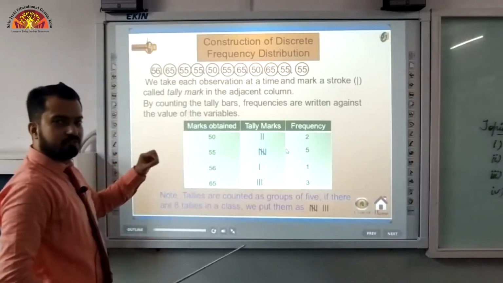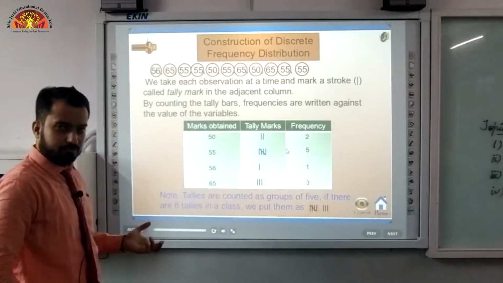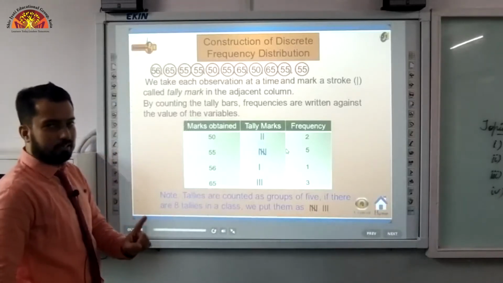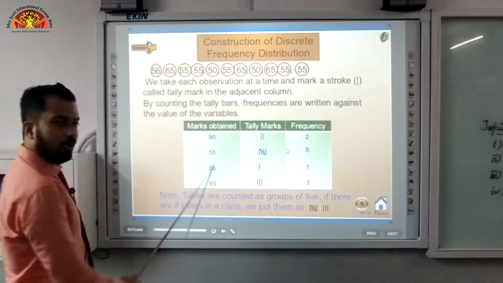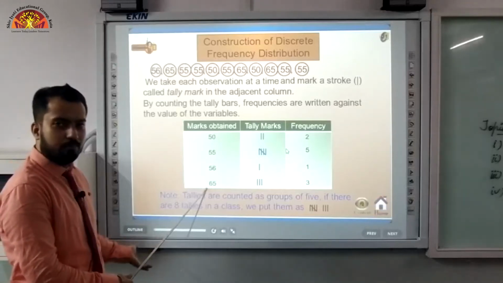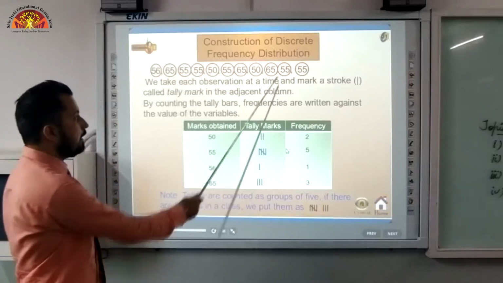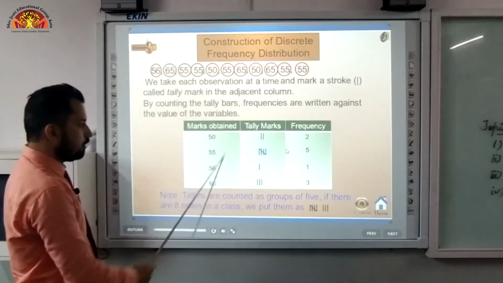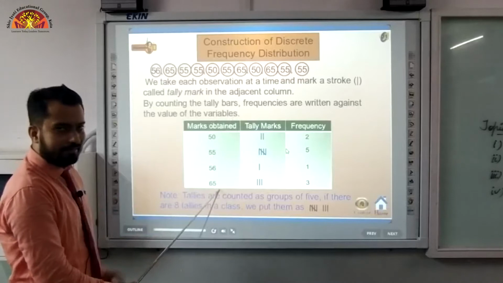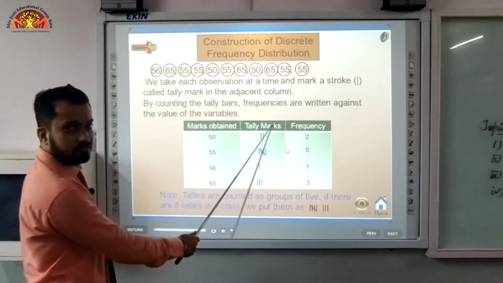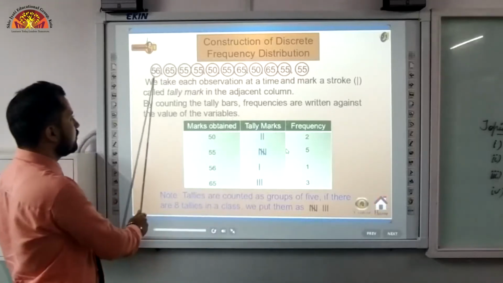So the first step is to take out the common values, right? Common means only a single time, and arrange them into ascending or descending order, howsoever you are comfortable. Next is tally marks. What is meant by tally marks? Now you can start from here.